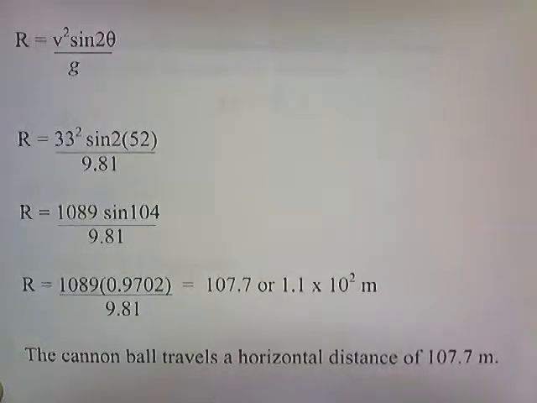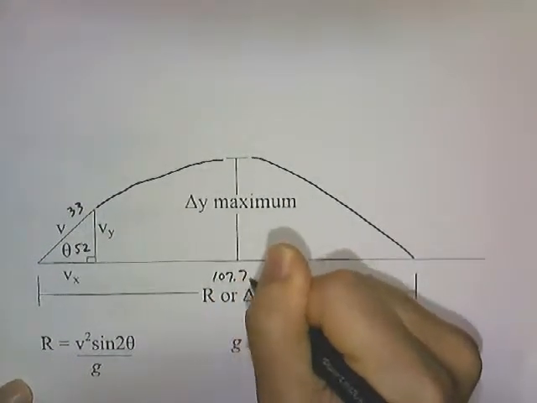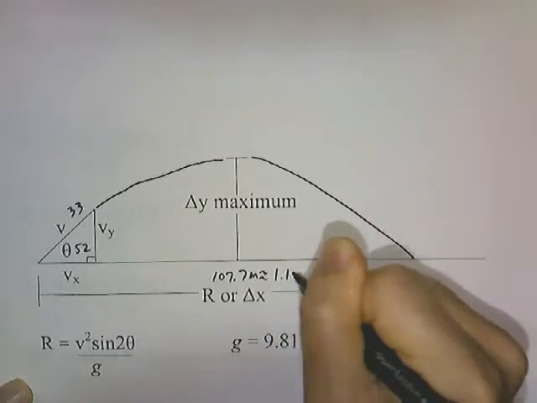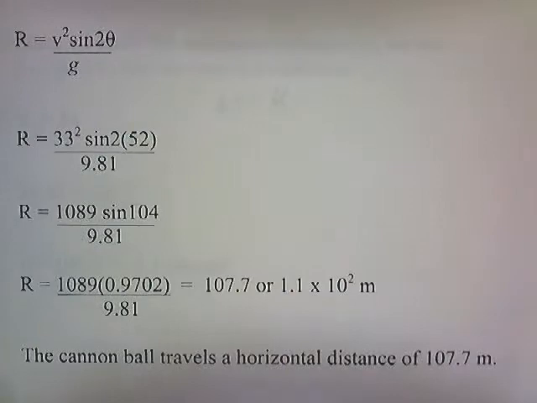So the cannonball travels a horizontal distance of 107.7 meters. That's the answer to the first part.